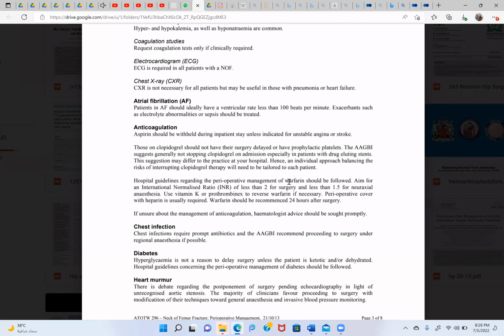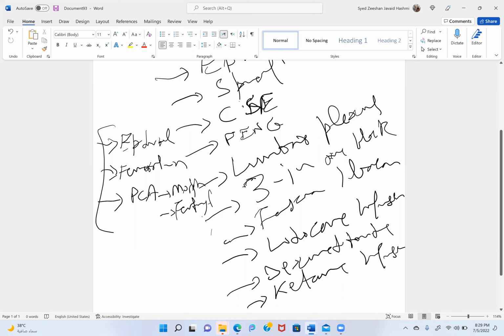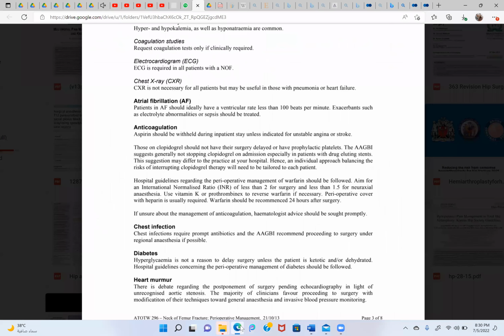Okay. So if you have a patient with atrial fibrillation coming for this hip surgery, how will you optimize it? Anyone, please? Echocardiogram to see what?